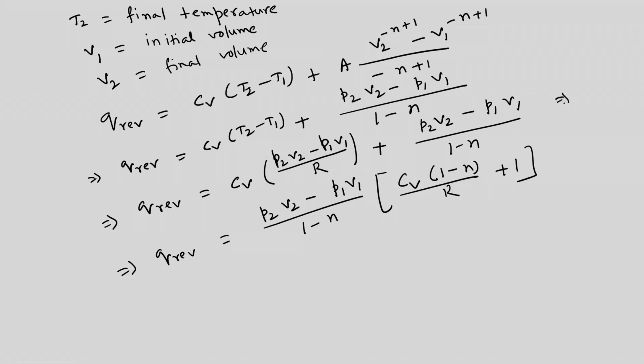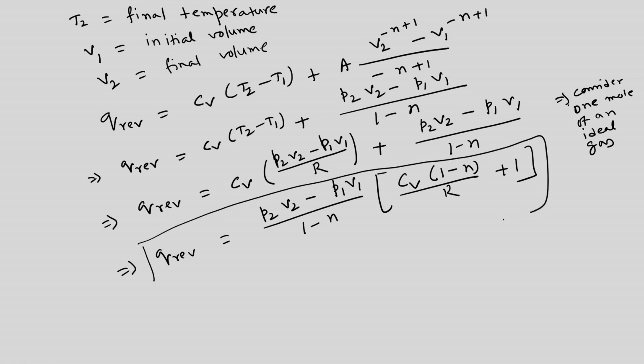So, here we consider 1 mole of an ideal gas. Okay. So, we get Q is P2 V2 minus P1 V1 by 1 minus n times Cv times 1 minus n by R plus 1.